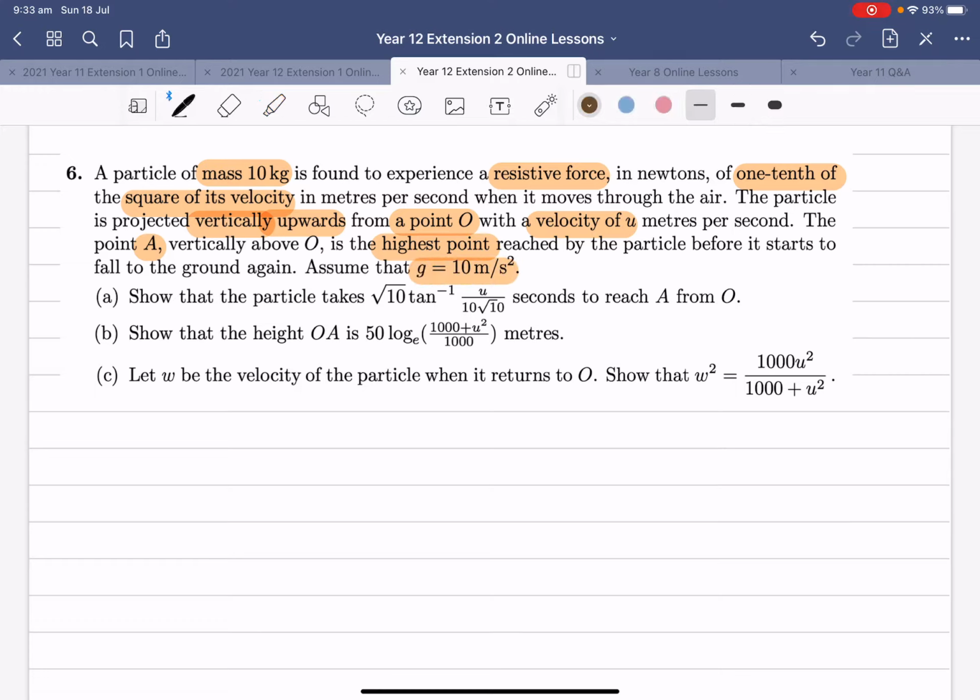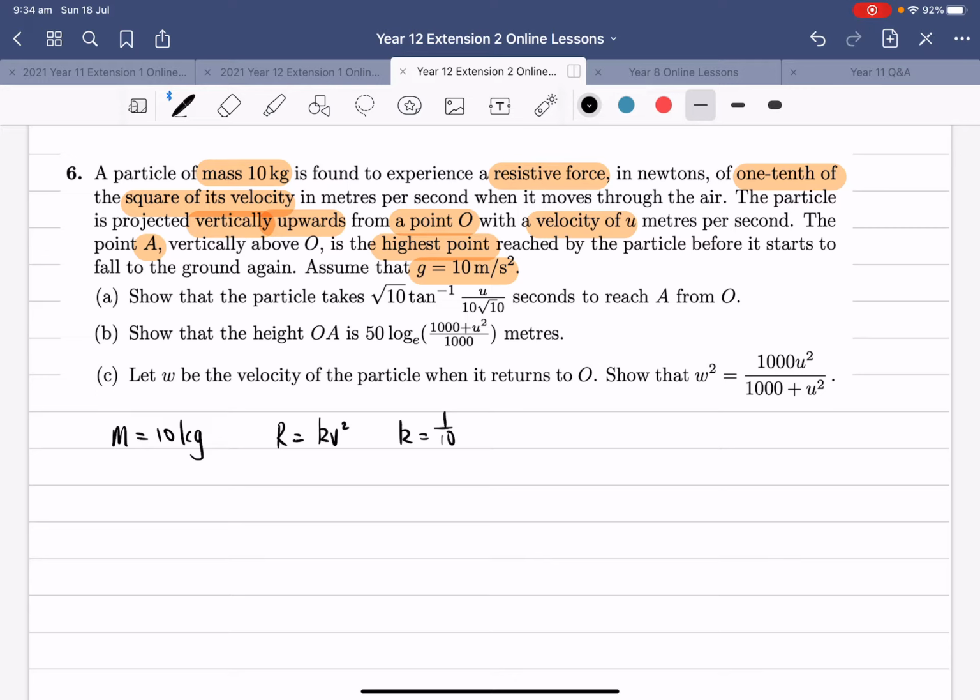So we have all the information we need. Let's write down everything we have. M is equal to 10 kilograms. The resistive force is 1/10 of the square of the velocity, so the resistive force is kV squared, and k is 1/10.